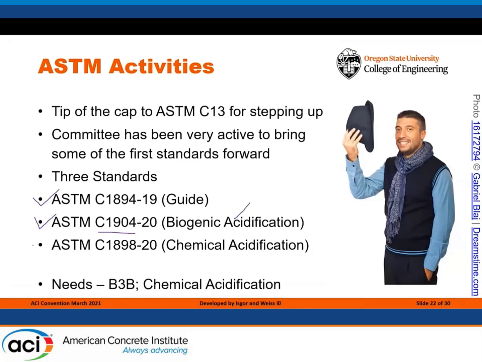And the third part of this is ASTM C1898. This is really an update of ASTM C267, and it's a chemical acidification test. What this procedure has really done is help to reduce some of the loopholes, or tighten up a little bit of what was commonly being done in ASTM C267.